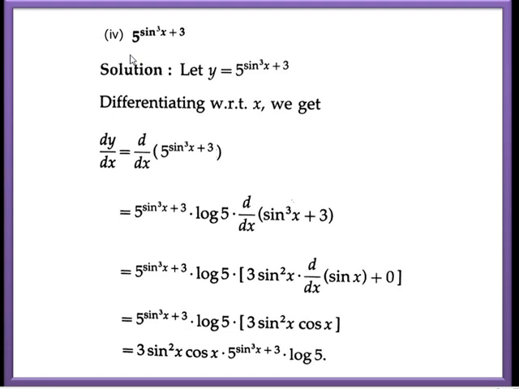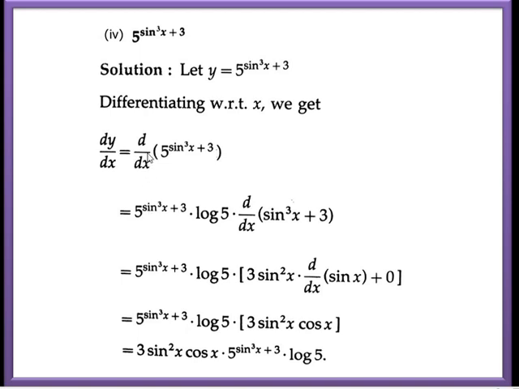We know the standard result that derivative of a, that is base constant, a raised to x equal to a raised to x log a. But index is other than x. So we consider that index as u. So what is d/dx of 5 raised to sine cube x plus 3?